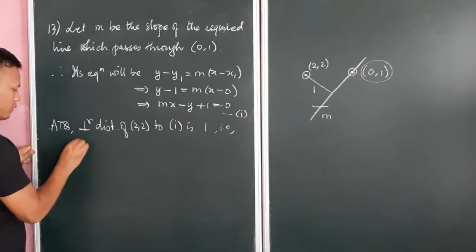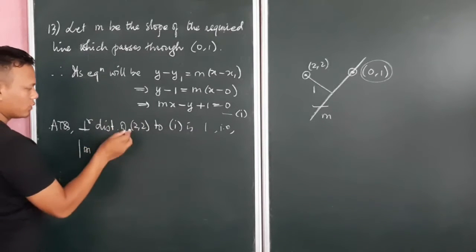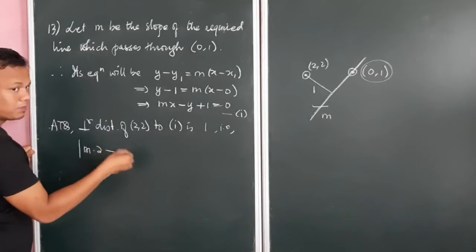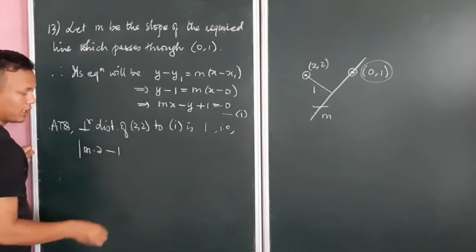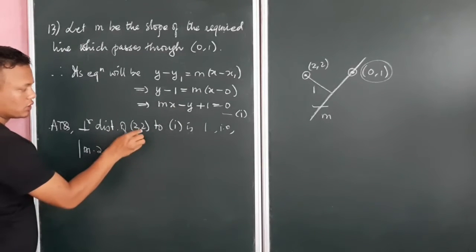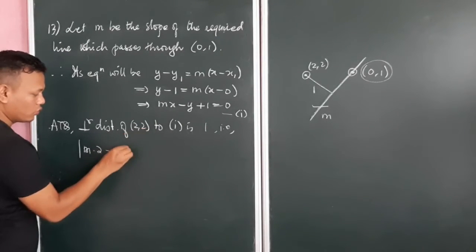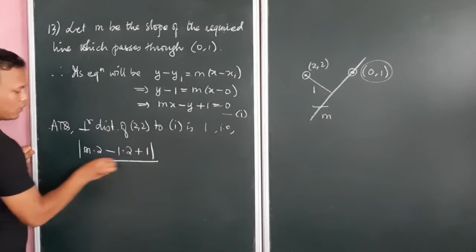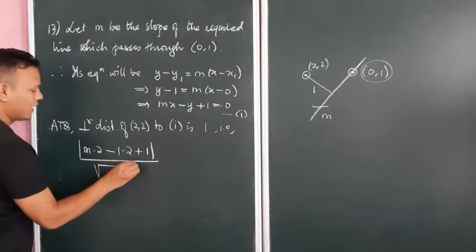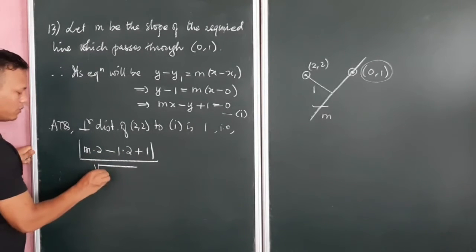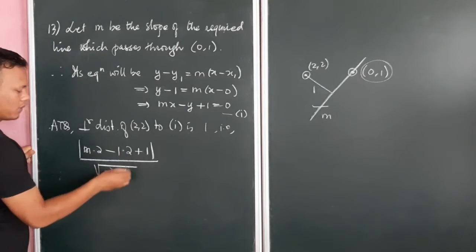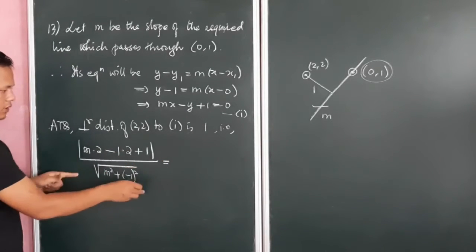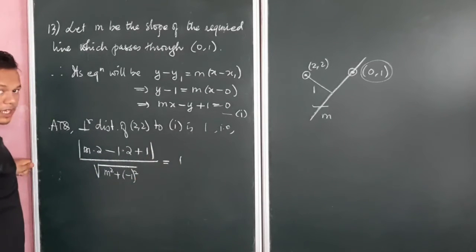So we have a x1, where x1 is 2, so m into 2, plus b y1, b is minus 1, so minus 1 into y1, which is 2, plus c, which is 1, whole divided by square root of a square plus b square, that is m square plus (minus 1) square. This is the perpendicular distance and it equals 1 unit as per the question.